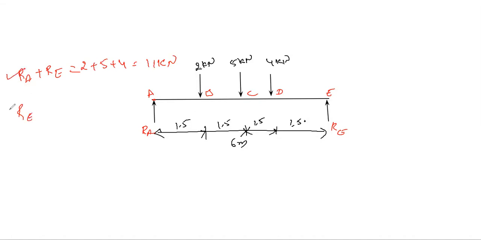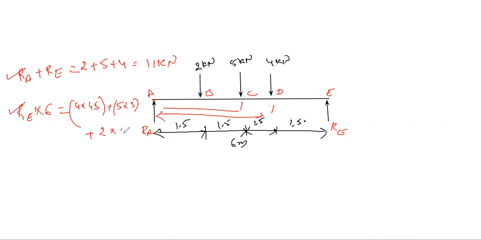Then we consider the moments. Re into the length 6 is equal to 4 into 4.5, because it is 4 into this distance. Next we have 5 into 3, plus 2 into 1.5.